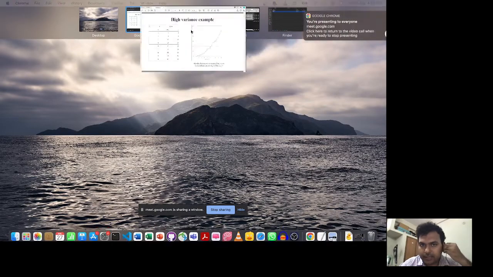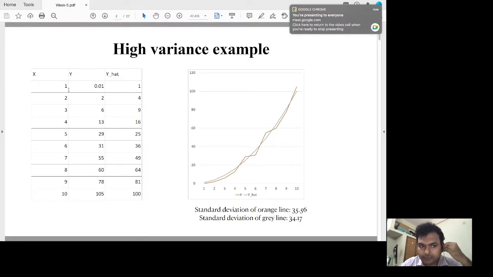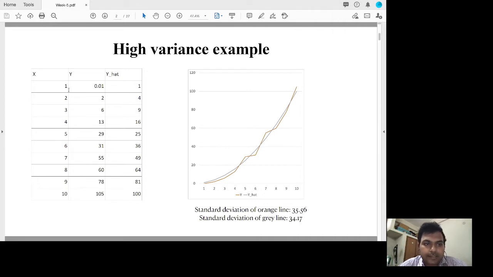So you see, for example, you have created a point. Your data set consists of x and y. So x is on the x axis, and y is the corresponding values of x.